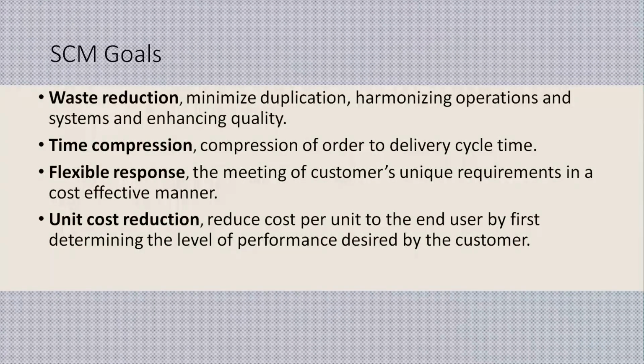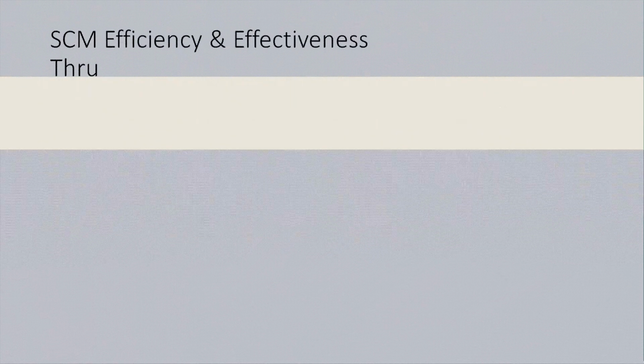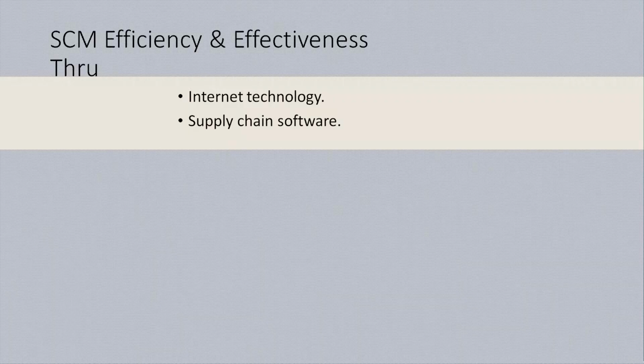The supply chain management efficiency and effectiveness for the things we just discussed, waste reduction, time compression, flexible response, have become possible more and more because of the advent of internet technology and various kinds of supply chain software. Many of those software which were earlier in different companies, a lot of those have already been integrated in Oracle or SAP and such major software suites.